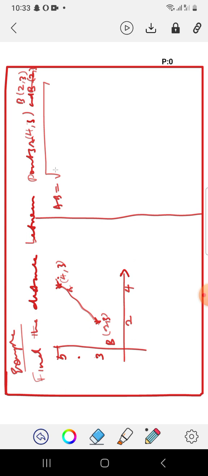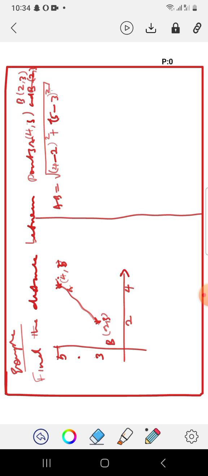So just subtract 4 from 2 and square it, and then add it to the square of 5 minus 3.